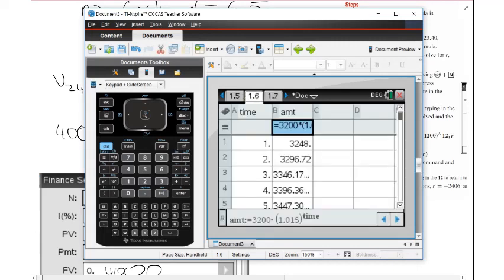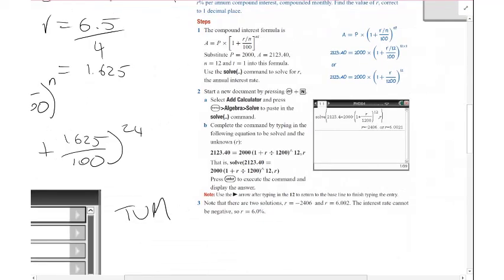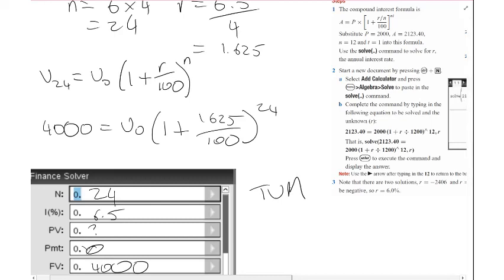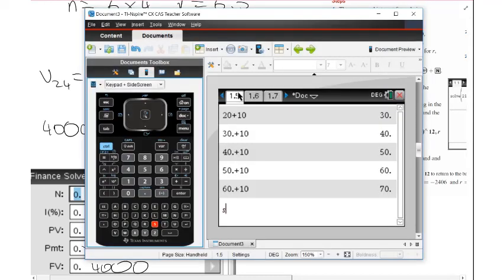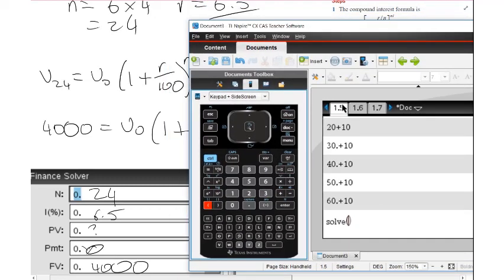Just go to calculator. I'm going to type in solve. There's instructions here, by the way. I find it easy to type in solve anyway, but you can follow the instructions provided. Again, something that's worth having in your summary book. Have the brackets like that, and I'm going to type in 4,000 equals.